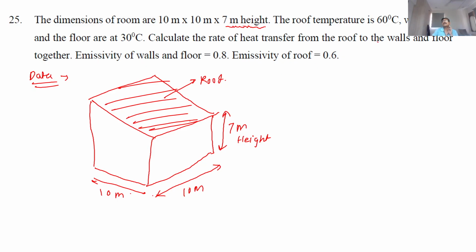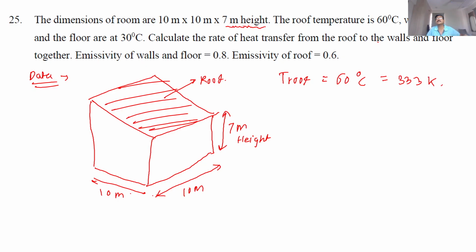The roof temperature is 60 degree Celsius. So T of roof is 60 degree Celsius. Suppose this is the room where I am sitting or where you are sitting, the roof above has a temperature of 60 degree Celsius. I will convert in Kelvin immediately. So 60 plus 273, it comes around 333 Kelvin.